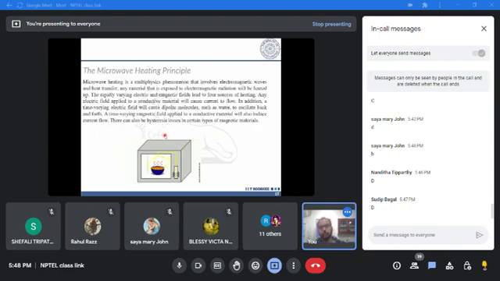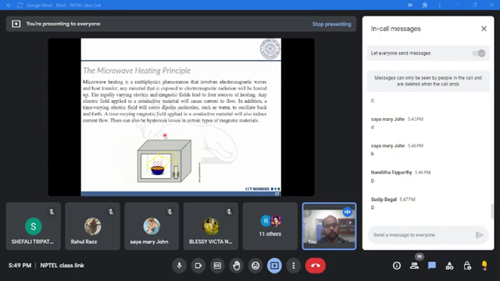Okay, so this is the microwave heating principle. You have this chamber where you put your food. There will be a magnetron which will generate the electromagnetic field or radiation, which will rapidly heat your food.